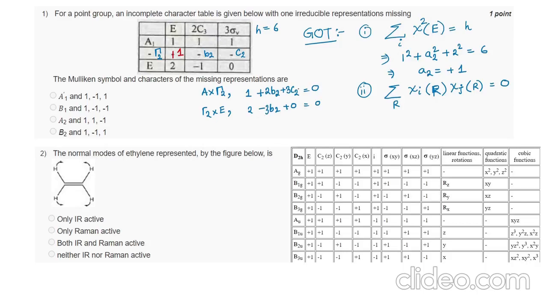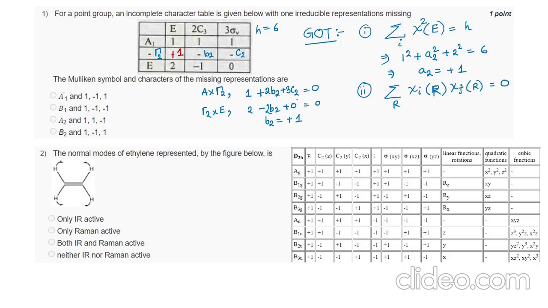So if I have two unknowns, two equations, from here I can see that it should be minus 2. I have made a mistake. Should be 2. Okay. So from here I can see my B2 will be plus 1.